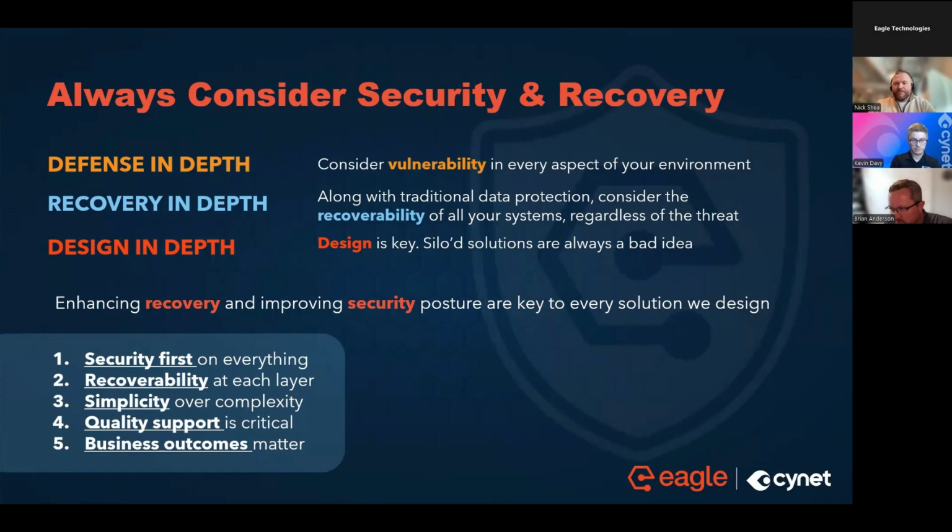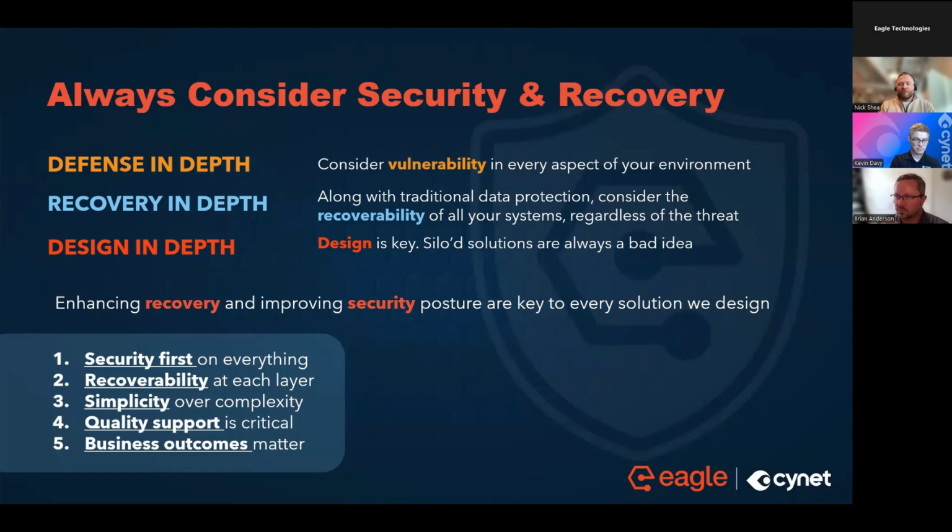I always like to remind customers that, at Eagle, I talked about how we like to do our due diligence, but something else I always like to remind folks of is how long we've been focused on protecting customer data. Even before cybersecurity was commonplace, we were focused on protecting data and making sure you had recoverability at multiple layers, right? And of course, everything changed 10 years ago. Fewer customers called us up because they deleted a VM. More customers were calling us up because there was a threat in their environment. We quickly learned that we needed to tool up if we were going to help them mitigate that threat, figure out what had happened, and responsibly restore.